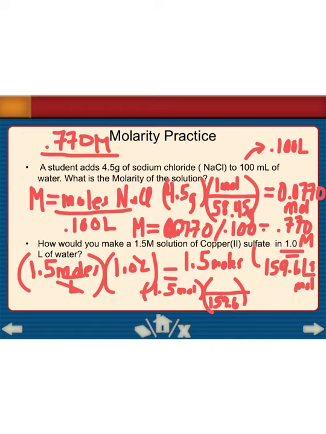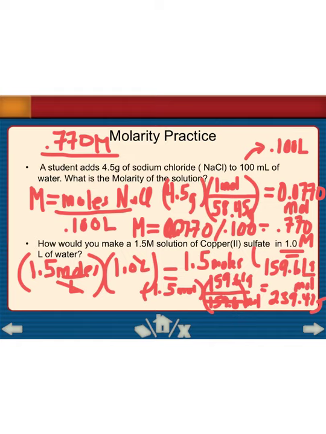No, actually I have moles on top. I want this on top. This will be 159.61 grams per mole. The moles cancel, and the answer comes out to be 239.42 grams of copper 2 sulfate.